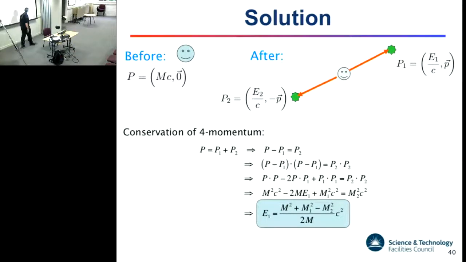Now, because Chris is very good at doing these sorts of equations, he spotted a particularly quick way of doing it, which you might not get the first time, where he says, well, instead of taking that dotted with itself and that dotted with itself, instead he's taken P minus P1 and he said, well, that must be equal to P2.